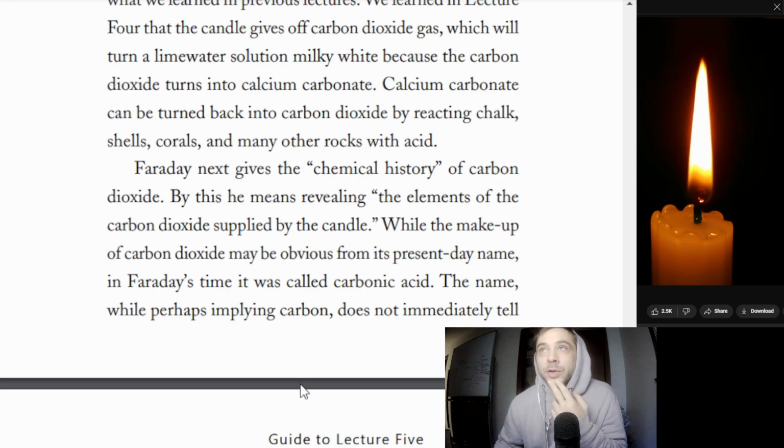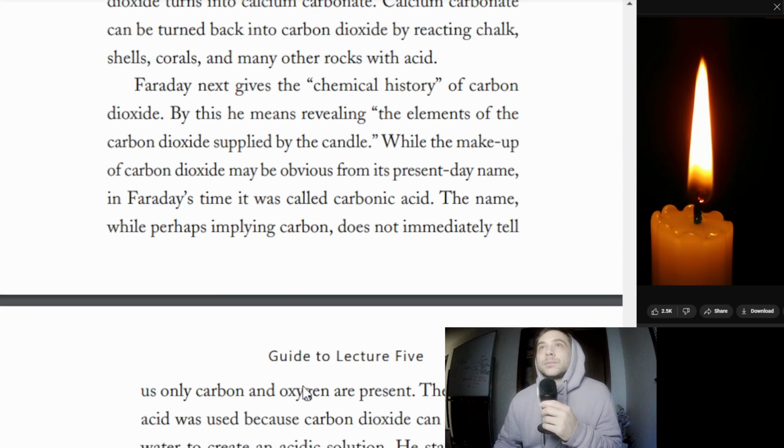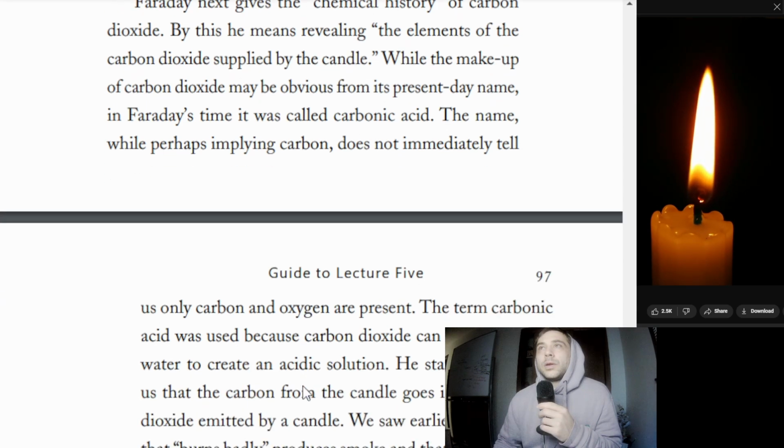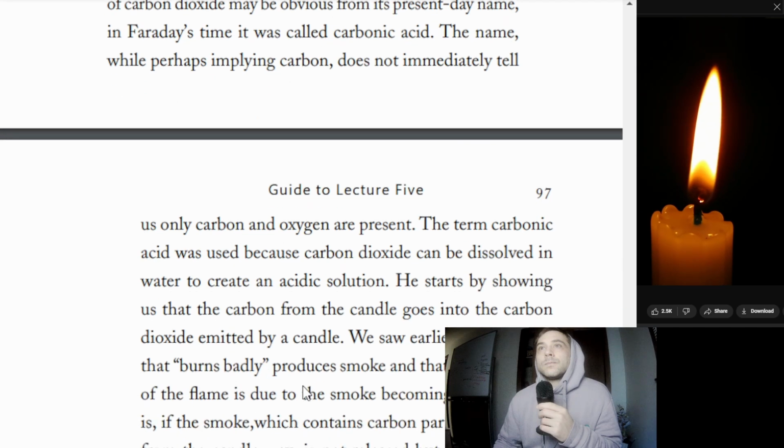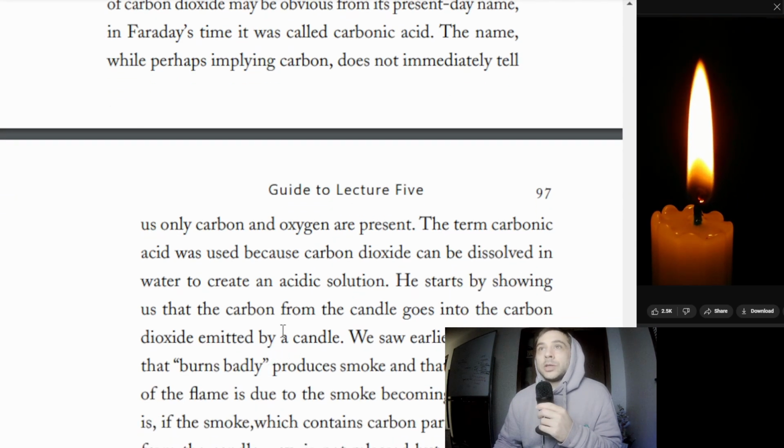Faraday gives the chemical history of carbon dioxide, revealing the elements of the carbon dioxide supplied by the candle. Faraday used to call it carbonic acid, not carbon dioxide, because he didn't know about the oxygen present.